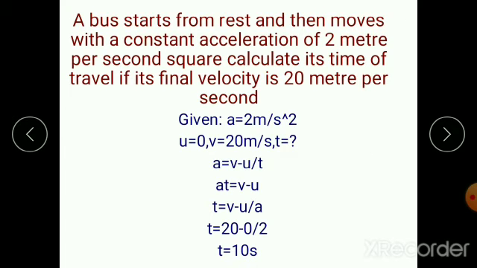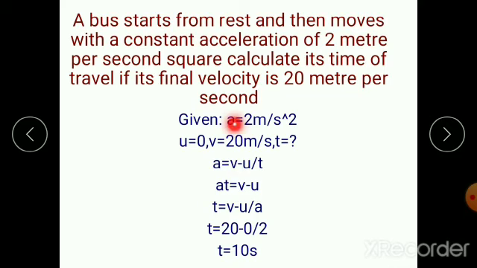So next we'll try to solve one problem. A bus starts from rest and then moves with a constant acceleration of 2 meter per second square. You have to calculate its time of travel if its final velocity is 20 meter per second. When you want to solve the problem, the first thing you have to do is write the given, right?